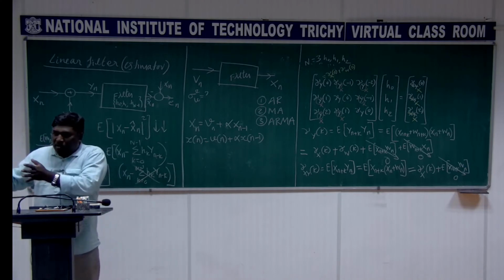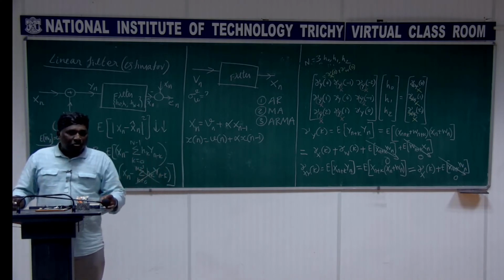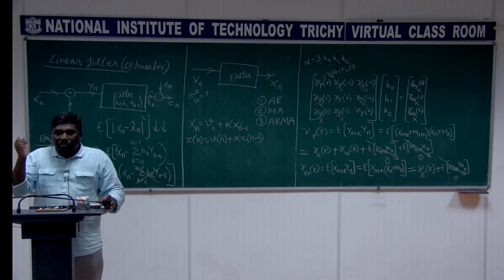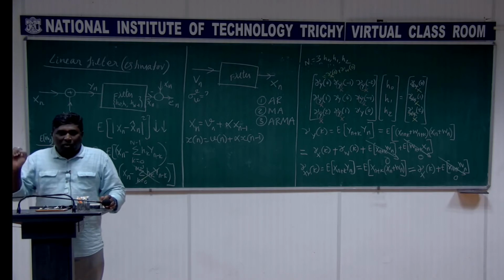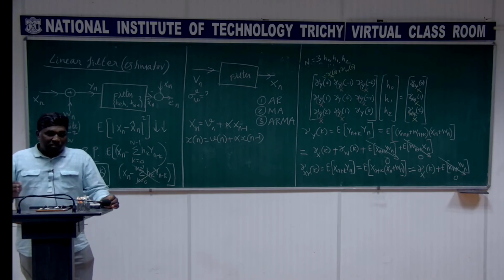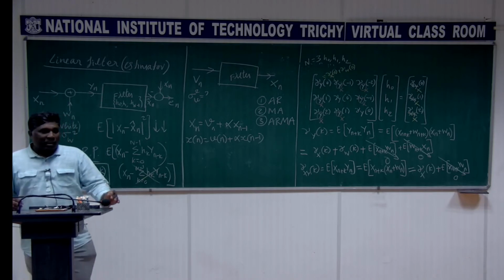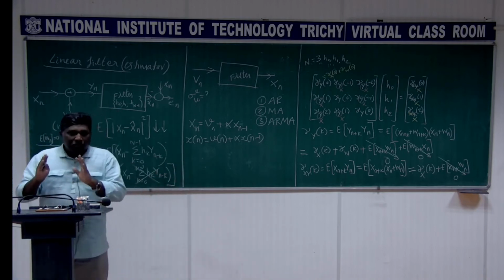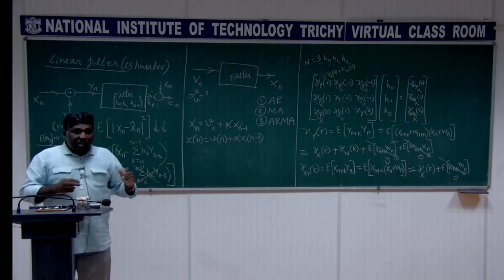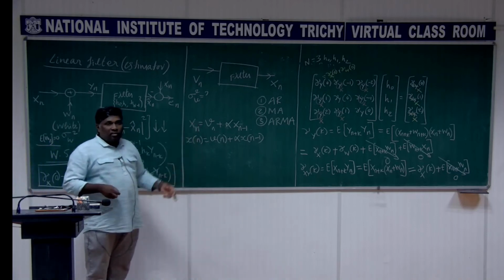One particular input I am giving and we get a particular output. But when I write it as a subscript, it is no more deterministic. It is what we call random. I am talking about the random process. That is a major difference. When I write like this, I am talking about a typical signal, one particular deterministic signal. For this I can take Z transform. For this I cannot take.